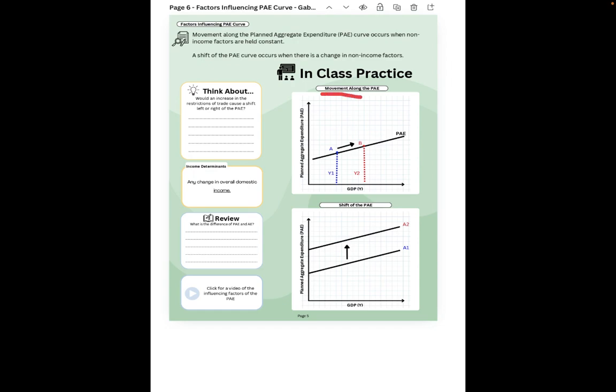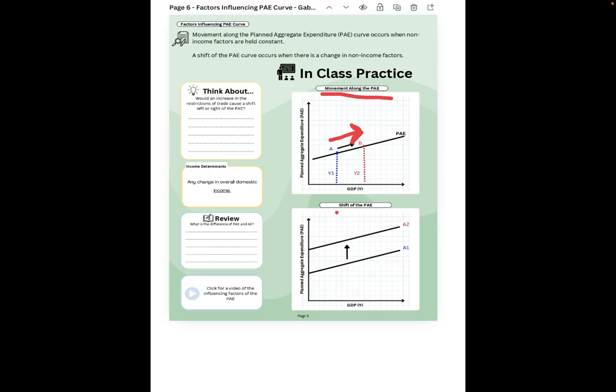This is shown right here, where there's a graph that says movement along the PAE, where you move from point A to point B. This graph, for example, shows an increase in income. There is nothing else changed here. Inflation, general wealth, taxes, all of those things still remain the same, so it's a movement along the PAE.